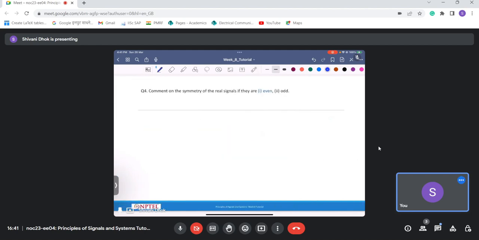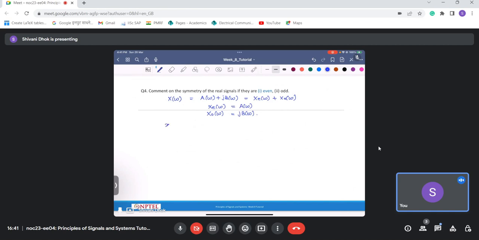Basically what was seen in the lectures was, if I have a Fourier transform X of omega of some real signal x(t), I can write this as A of omega plus j times B of omega, which I can also write as Xe of omega plus X odd of omega, where Xe of omega is simply equal to A of omega and X odd of omega is simply equal to j times B of omega. And what does this Xe and X odd of omega signify?